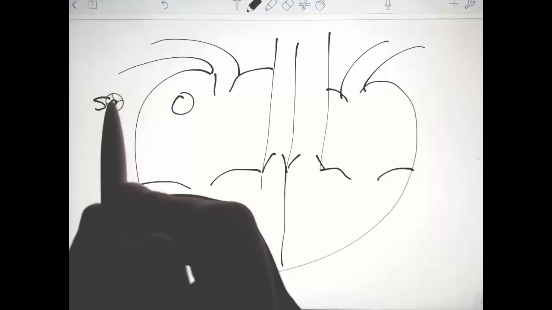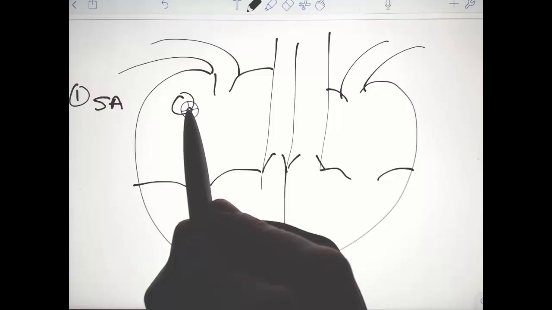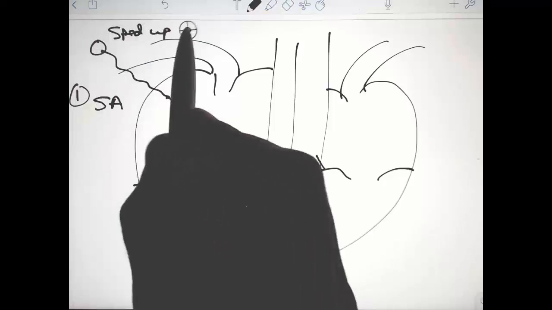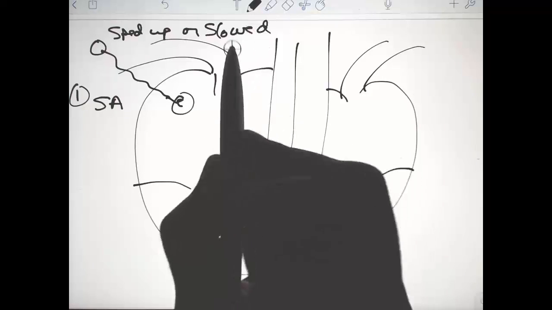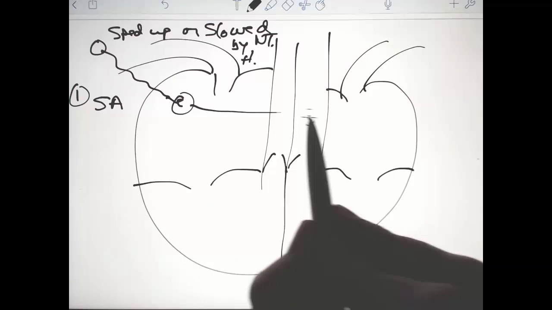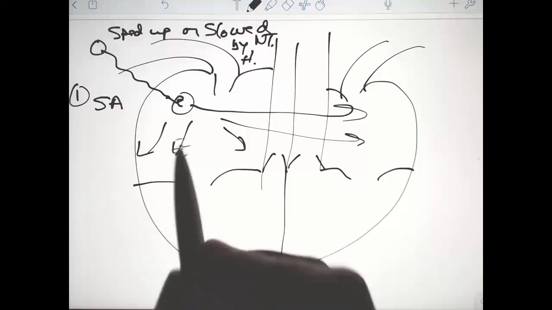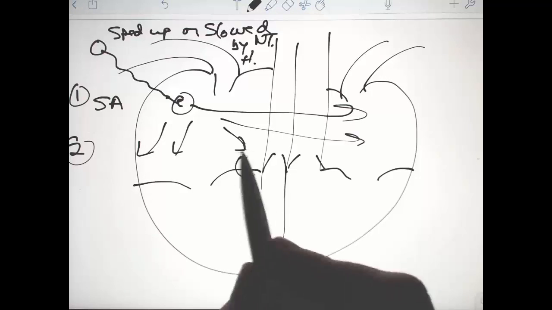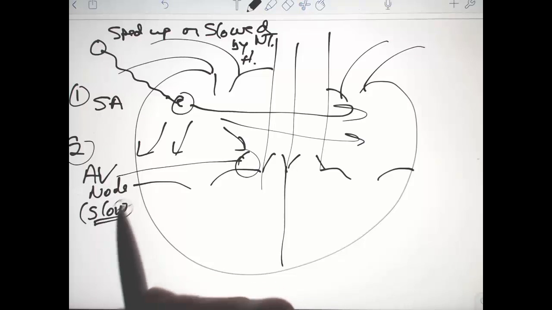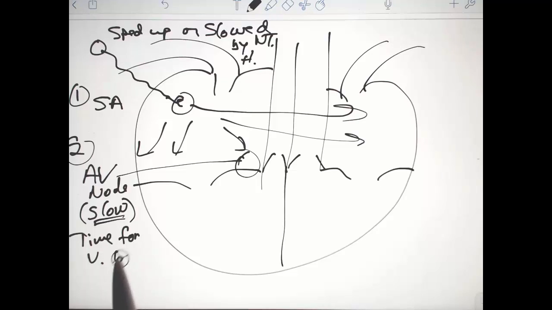So one is at the SA node, to have pacemaker potentials that depolarize to start an action potential. Those can be sped up or slowed down by neurotransmitter and hormones. From the SA node, you get an action potential that then spreads through the atria and causes contraction. 2, the AV node allows slow passage of that action potential, time for ventricles to fill.